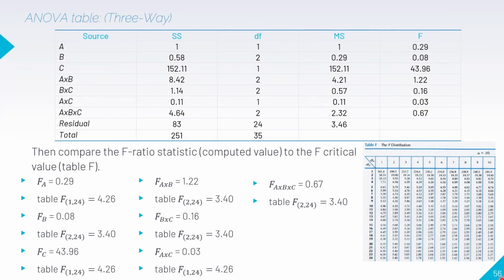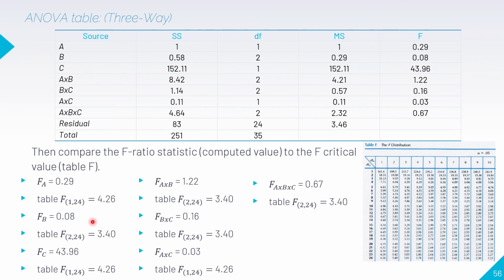Now, let's find their values. For F with 1 and 24, we have 4.26. So our value for FA, the tabular or F critical, is 4.26. For FB, we look at the table for 2 and 24, and we have 3.40.